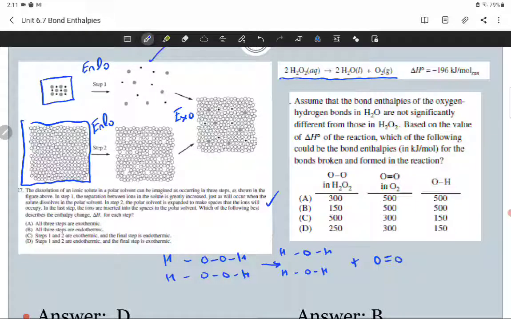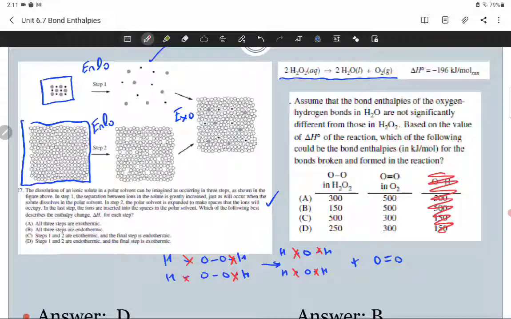Okay, so let's do this first. Is there anything that is the same on both sides? We have 1, 2, 3, 4 HO or OH bonds. 1, 2, 3, 4 of those on that side. So the OH bonds have nothing to do with this question.